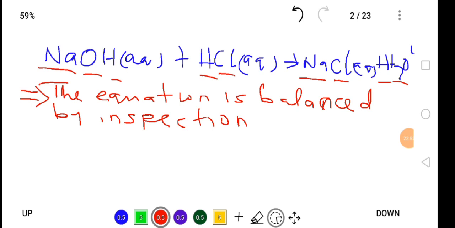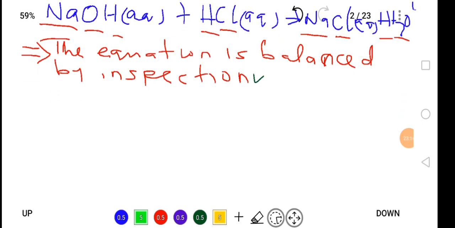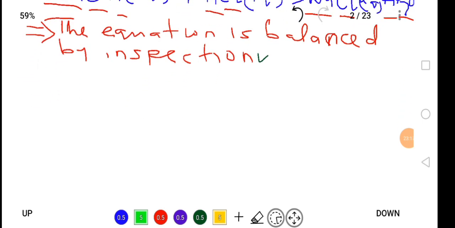And if you discover that the equation is already balanced, you are supposed to give them the statement so that they are going to give you a mark, because this will be proof enough that you checked the equation and it was balanced. From this step, now you can proceed to the next step, where you are going to ionize the substances only existing in aqueous state.